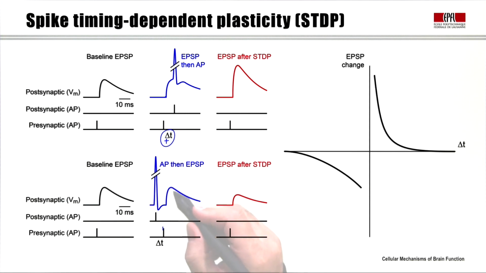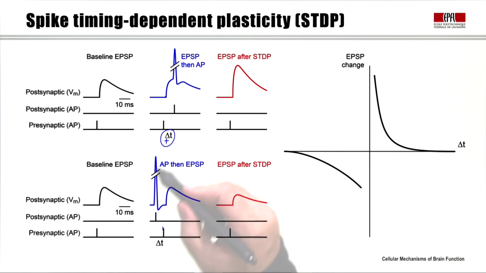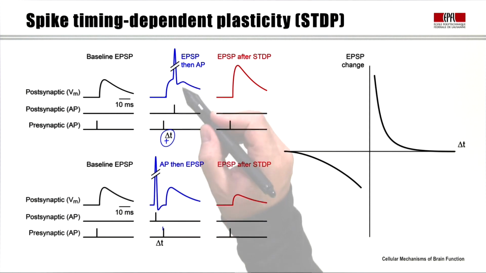So the presynaptic cell evokes an EPSP, just like it did before, but now that EPSP is preceded by an action potential here during the spike timing dependent plasticity induction period, where again you might pair 100 times the action potential and the EPSP, but now the timing is very different to before.